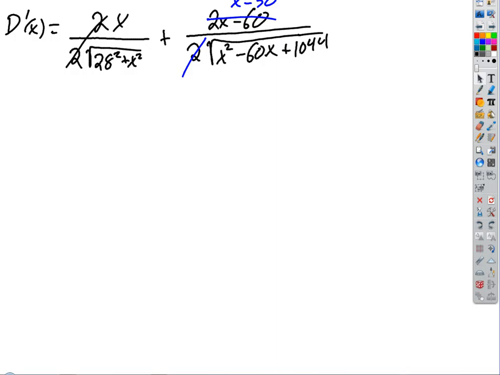Okay, so where's our derivative gonna be undefined? It's gonna be undefined where? We got a couple red flags here, right? Because we know there's 2 rules for real numbers. We can't divide by 0, so we gotta worry about that. And we can't take square roots of negative numbers. So we gotta look at these and say, first of all, could we get a negative number inside the radical there?